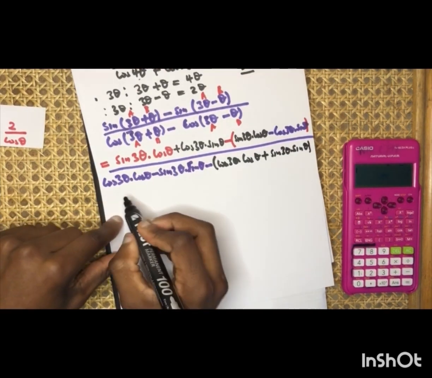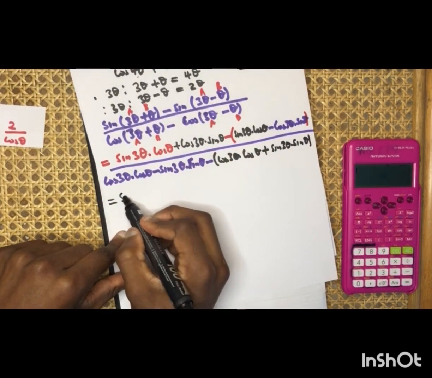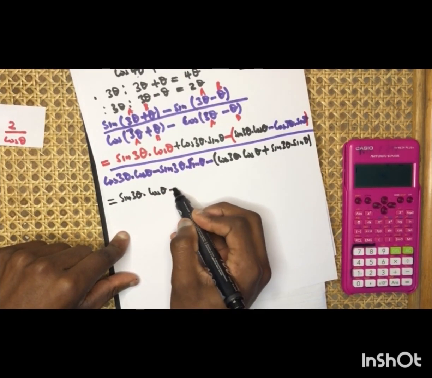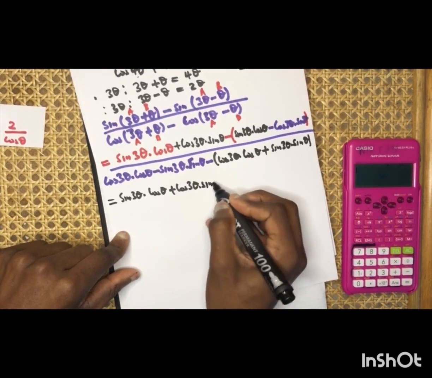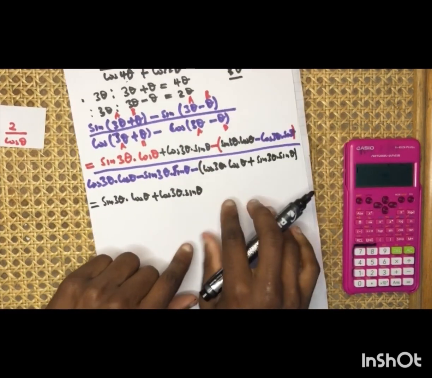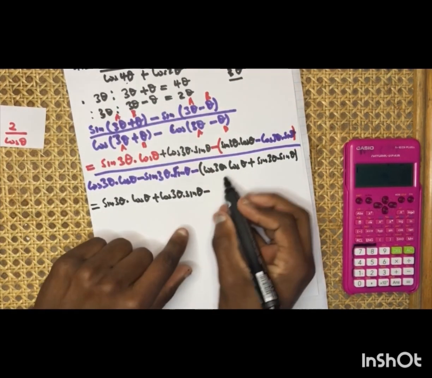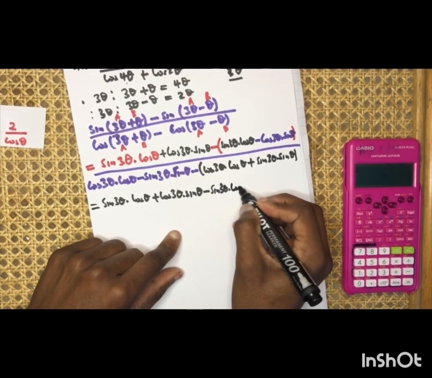Okay, so guys, you drop this thing down again. This is sine 3 theta cos theta plus cos 3 theta sine theta. Then you open the brackets. Remember, guys, the negative times the positive. This is minus. Remember, we were having here sine 3 theta and the cos theta.